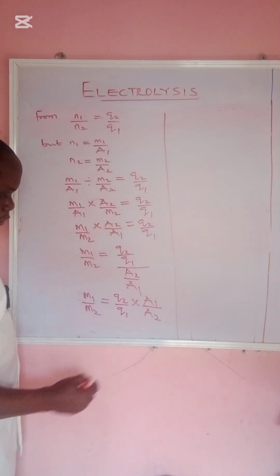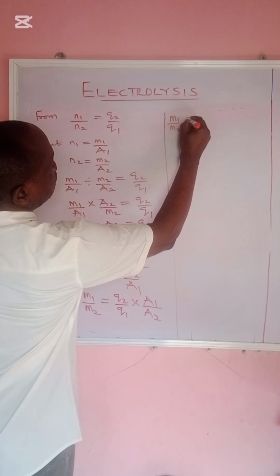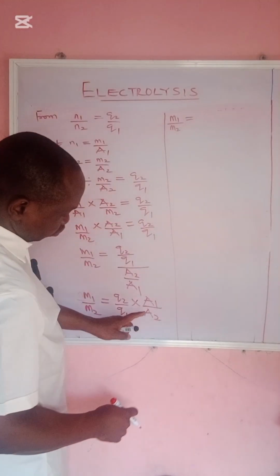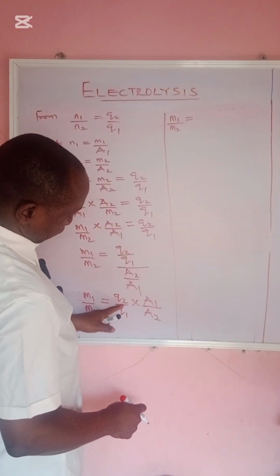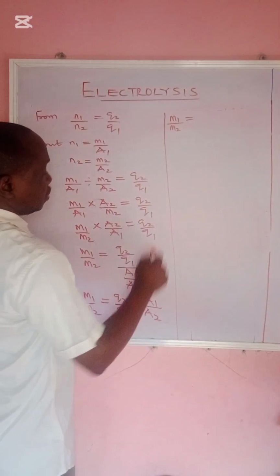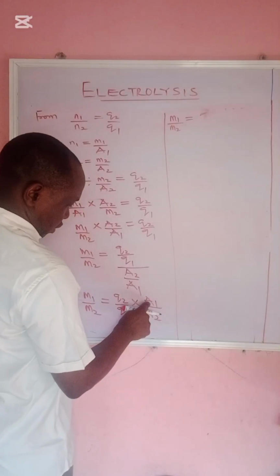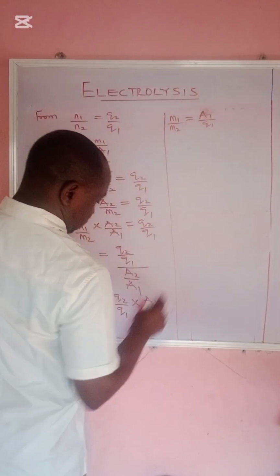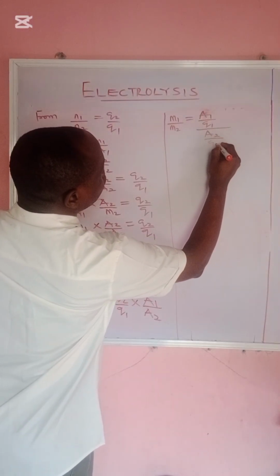So we can further simplify this as M1 all over M2 is equal to, let me use A1 over Q1, yes, A1 all over Q1 divided by A2 all over Q2.